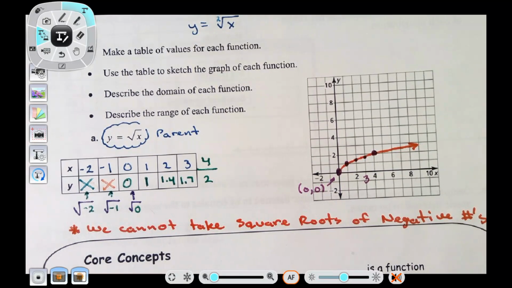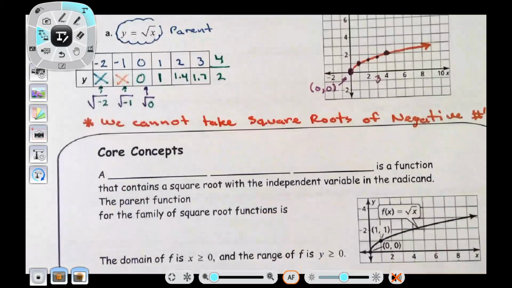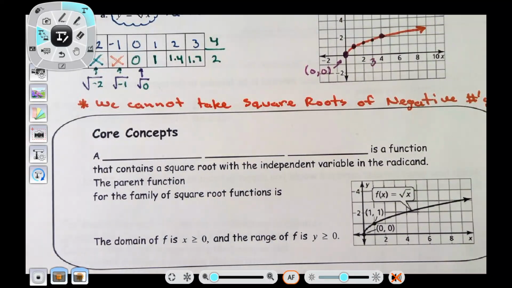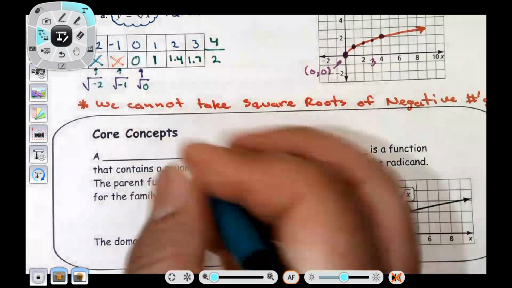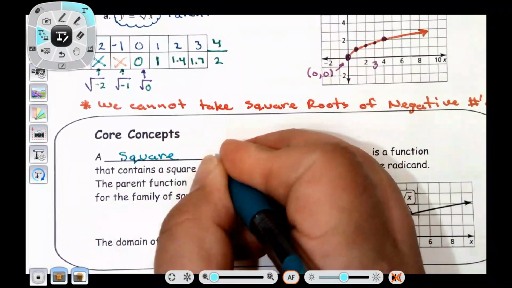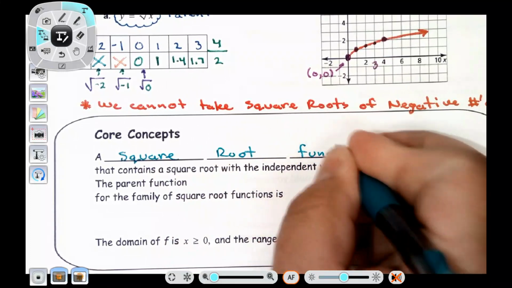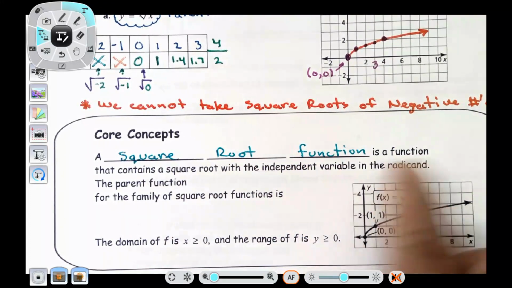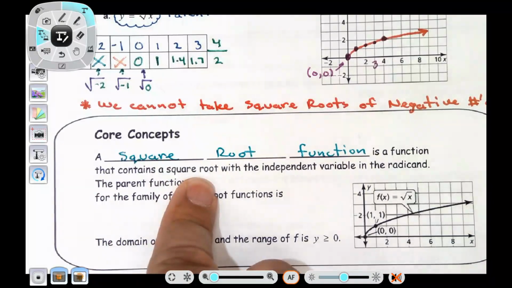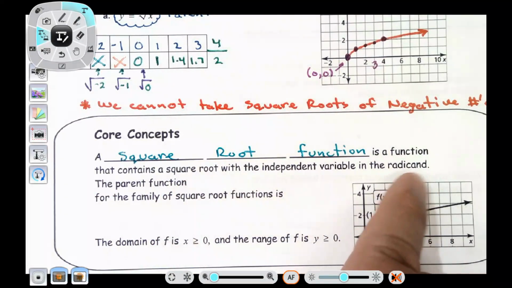So if this is what most of our graphs are going to look like, well, then let's do a little practice because we know they're going to mess with them a little bit. So it says a square root function is a function that contains a square root, well, yeah, of course, with the independent variable in the radicand.